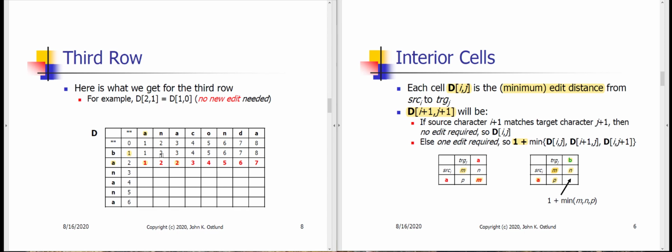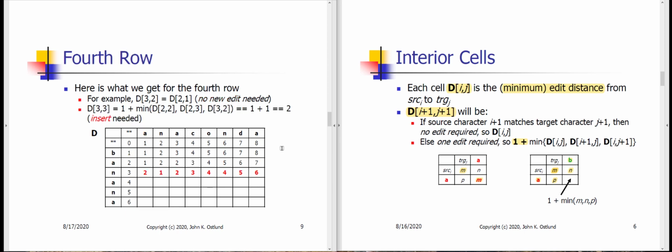Well, what we can do is to replace the B with an N and to insert an A in front. So we can convert BA to ANA by inserting an A and replacing a B. So we can get to that position in doing 2 editing operations on our source prefix of BA to cause that to match the target prefix ANA, and so forth.